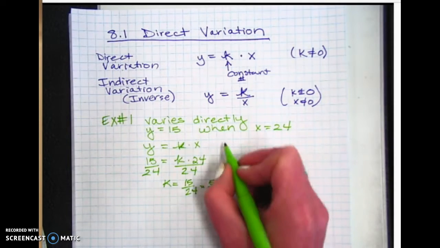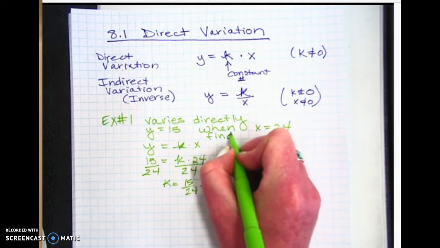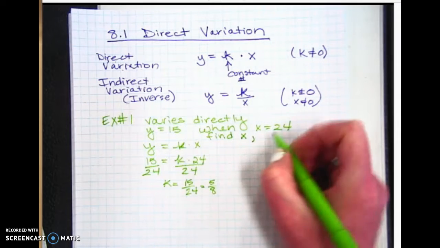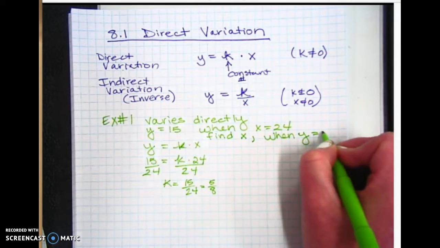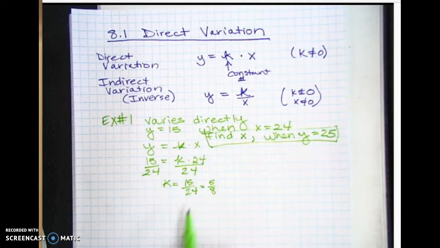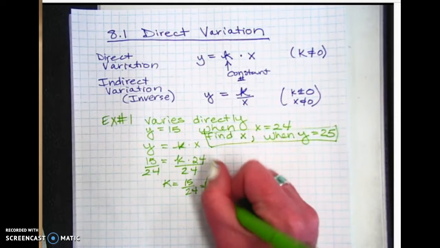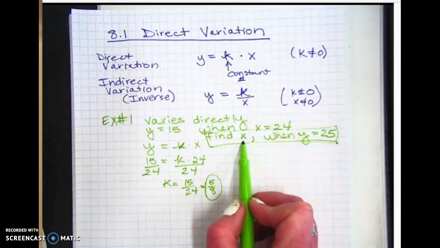Then the problem is going to say something like, find x when y is 25. So this is the second part of the problem. So after you've found k, now you're going to get a y. And the only variable that's going to be left is x.